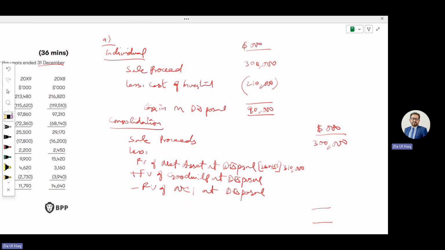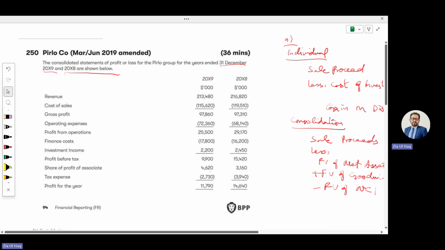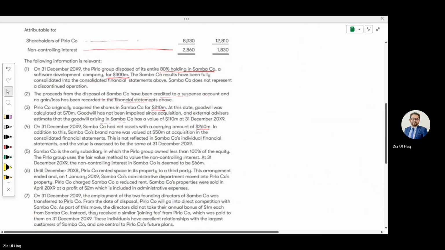And goodwill is what? 70 million. Figures in thousand. At acquisition in the consolidated statement of financial position, this is not reflected in Samba company's individual financial statements, and the value is assessed to be the same at 31st December and same value is at disposal date.